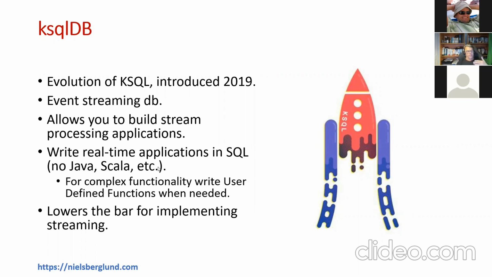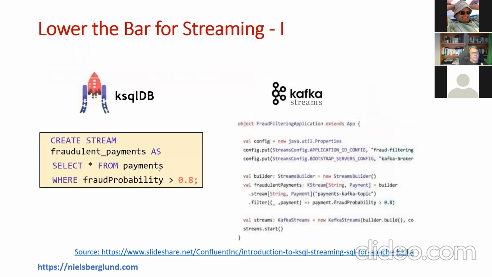This whole ksqlDB, and ksql for that matter, lowers the bar to implement streaming. Here's an example where, when we are pushing payments into a topic, we are assigning a fraud probability property.